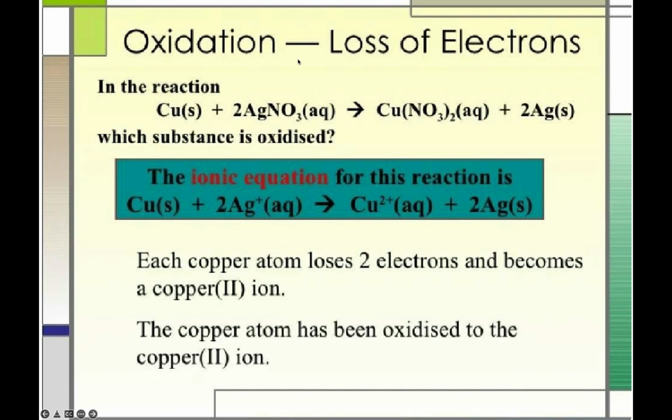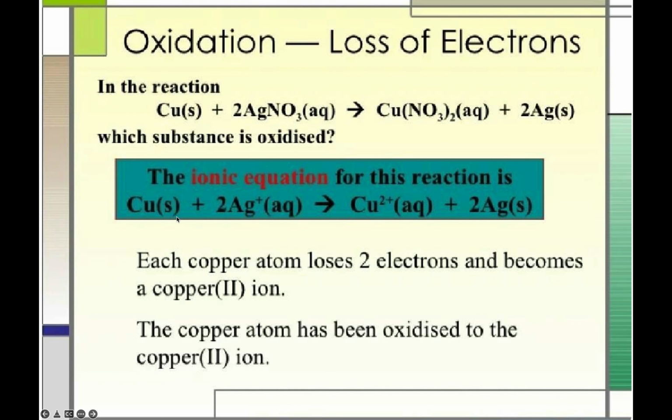Now oxidation, we were talking about the loss of electrons. You can see another equation like copper plus silver nitrate giving copper nitrate and silver. You have to find out which substance is oxidized. Here we will consider only copper and silver. We won't consider the nitrate part. So we are taking the ionic equation for this reaction: copper plus Ag+ gives Cu2+ and silver.